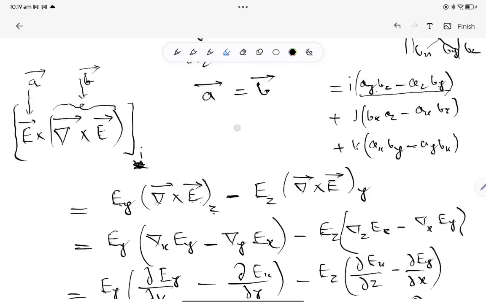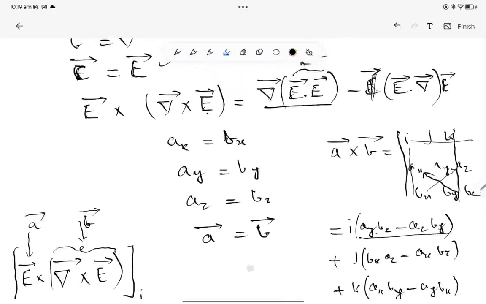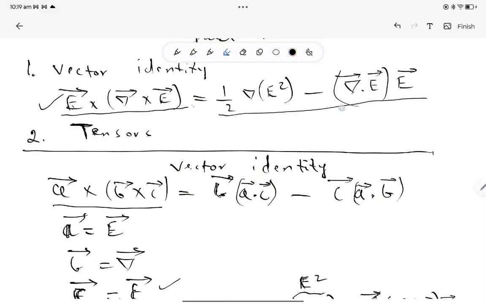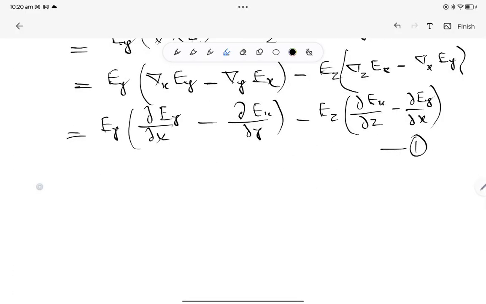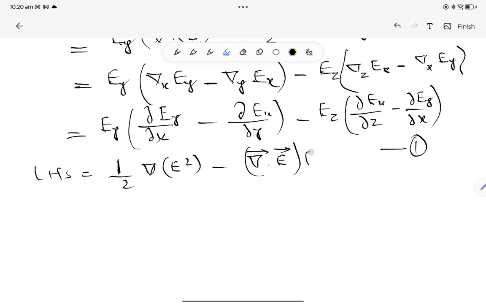We now go to the left hand side. Let us go to this term on the left hand side, that is 1 by 2 del E square minus del dot E into E. We have the left hand side: 1 by 2 del E square minus del dot E. Now as far as E square is concerned, E square is a scalar quantity.